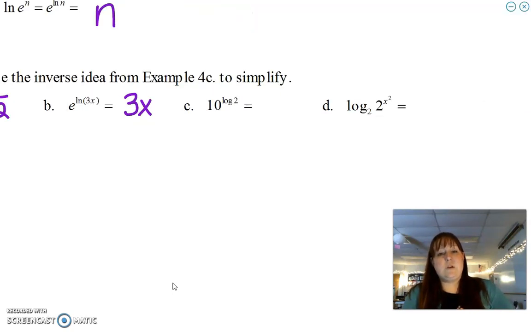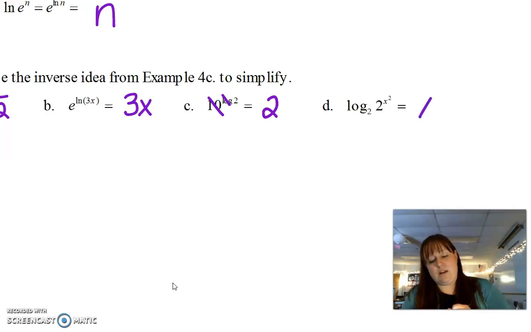And then if I look at this one, now 10 to some exponent is the inverse operation of log base 10. So I still end up just getting out 2 because these kind of undo each other. And then log base 2 and 2, the exponential function with 2 as a base, undo each other. So all I have left is x squared.